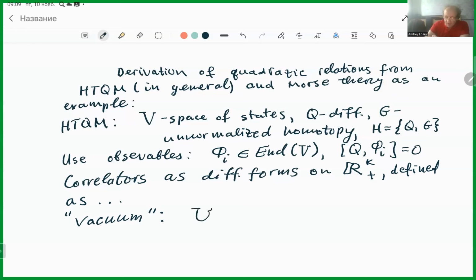I have an evolution operator, U T. And let me assume that there is a limit.